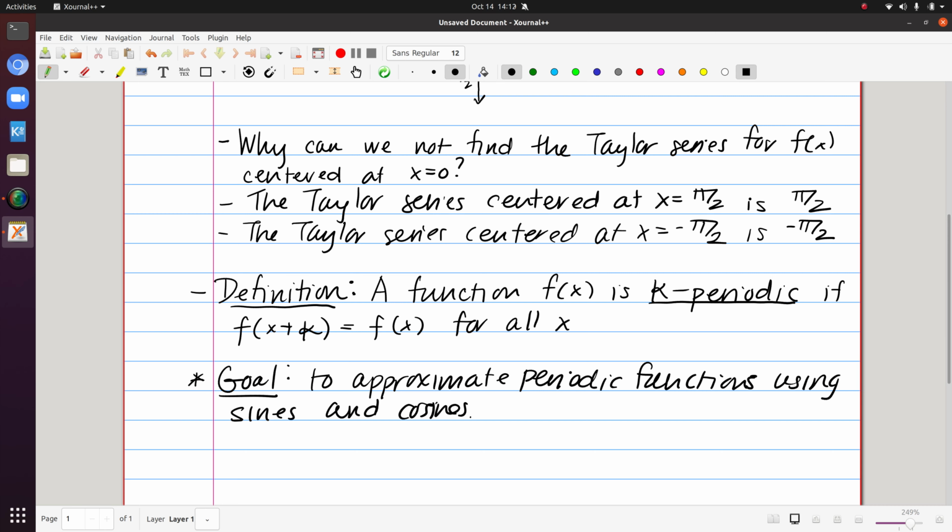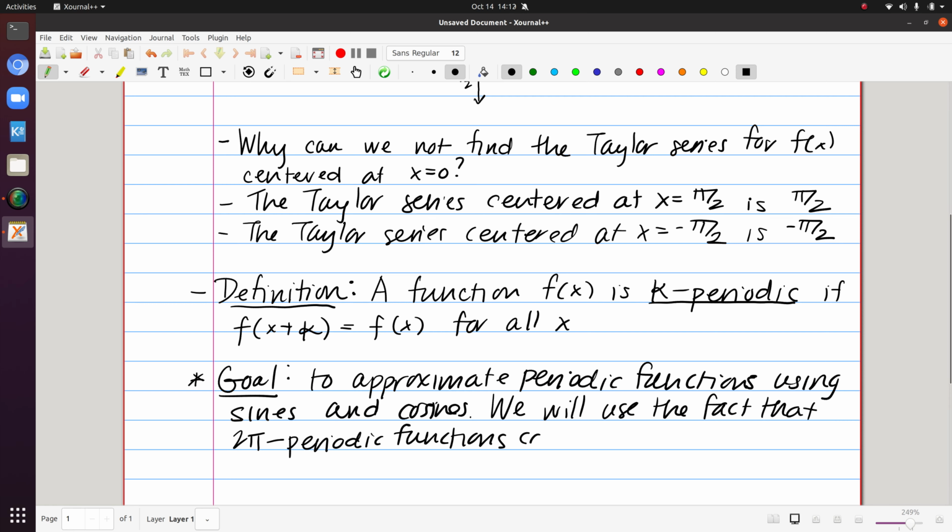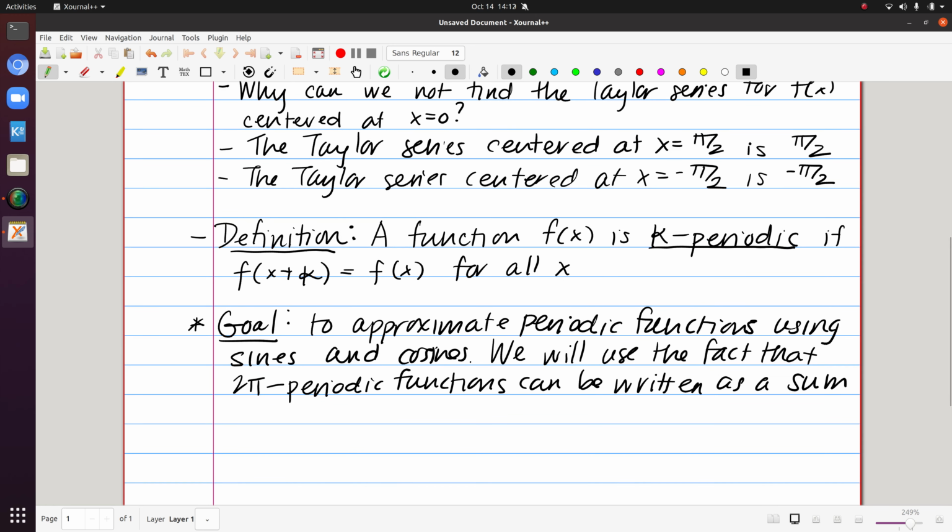And in particular, we're going to rely on a fact. We will use the fact that 2 pi periodic functions can be written as a sum of sines and cosines.